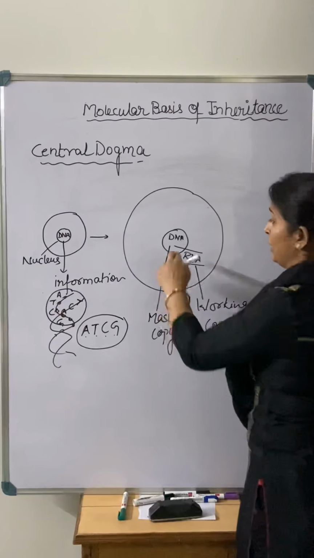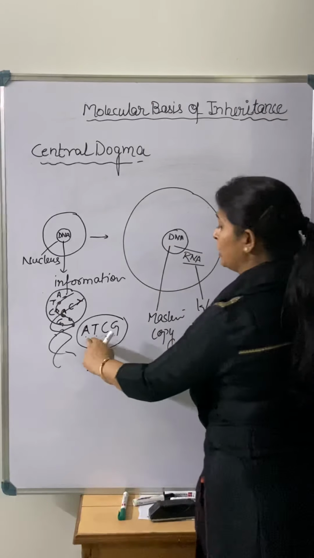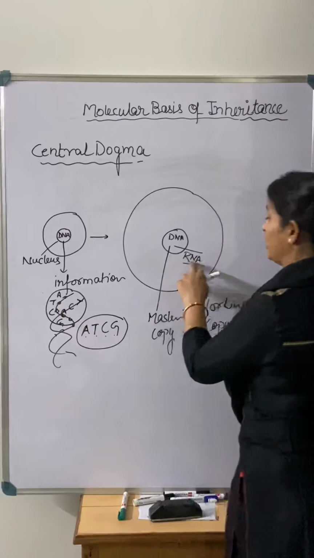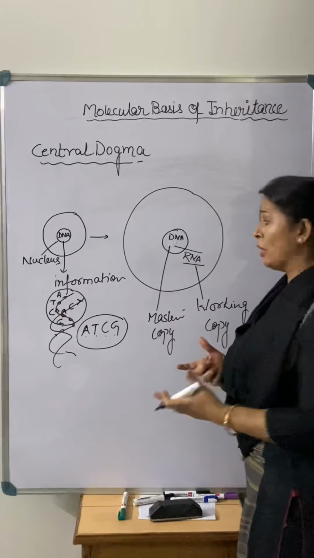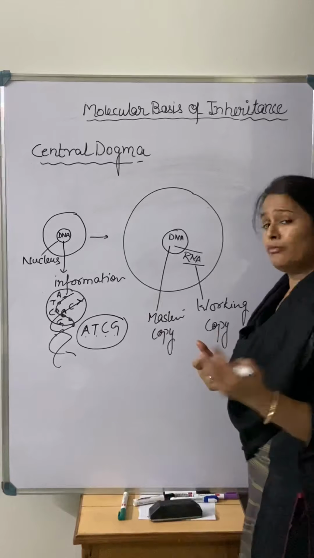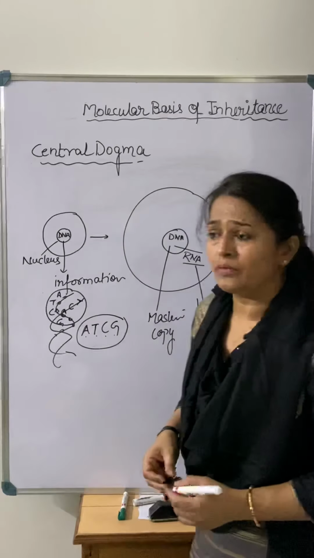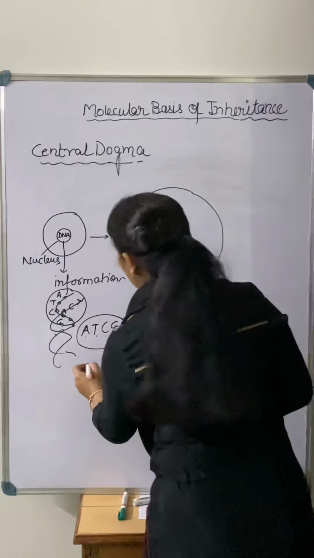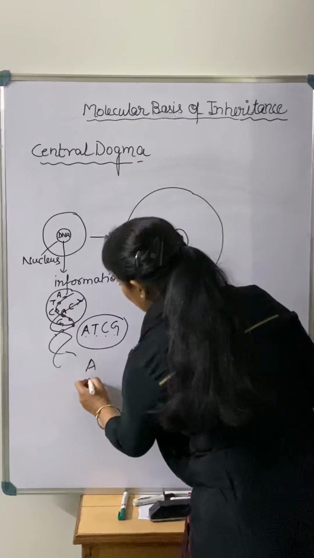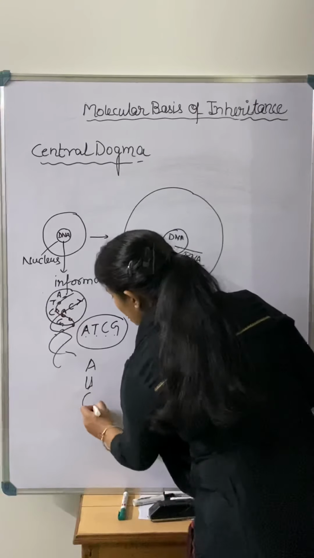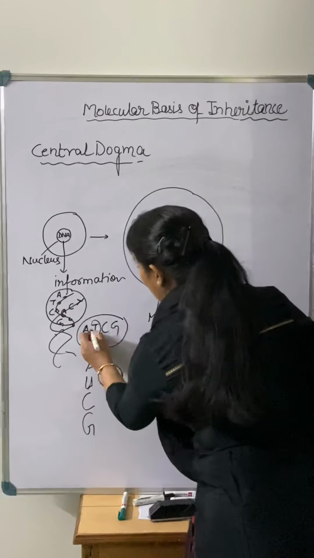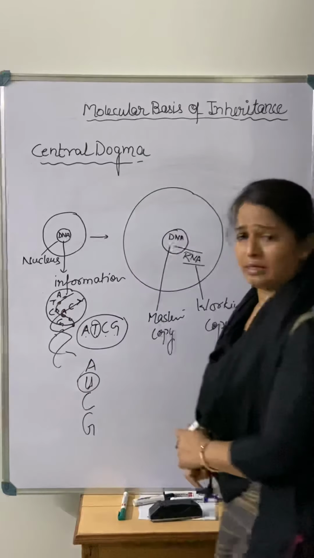Again, DNA is storing information in these 4 letters. RNA is again carrying the information in 4 letters, because when I told you about the structure, RNA also has 4 letters: A, U, G, C. Instead of thymine, RNA has uracil, right?